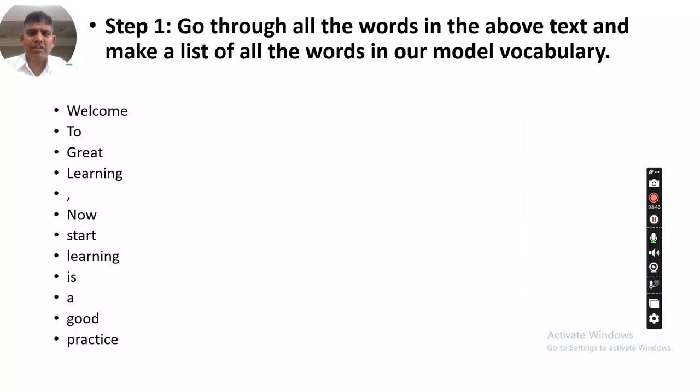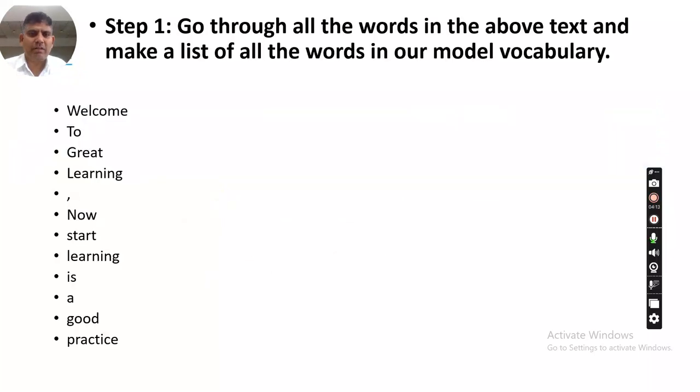Now in step 1 we have to write down the vocabulary. Vocabulary means the collection of all the words which appear in the documents. So this is the vocabulary of our documents: welcome, to, great, learning, and so on. We have to list down the vocabulary first.